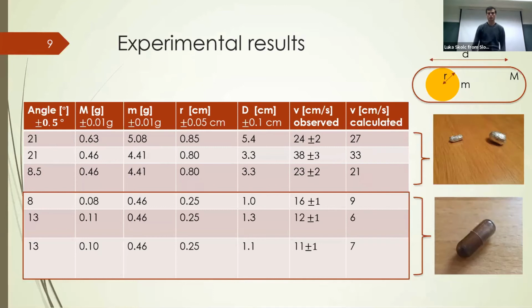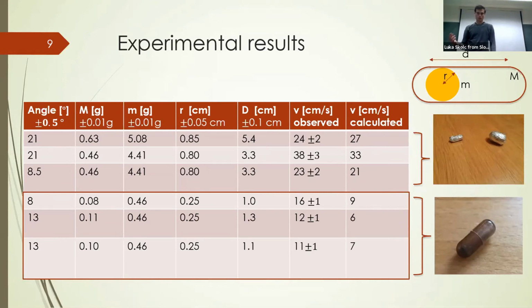So the difference between observed and proposed velocity is about 20% maybe, or even 10%, for most of the beans. And for all cases except the bottom tooth, we are able to predict which bean is faster.